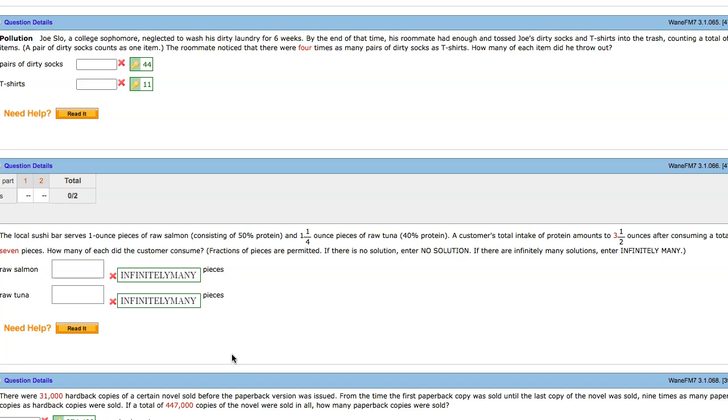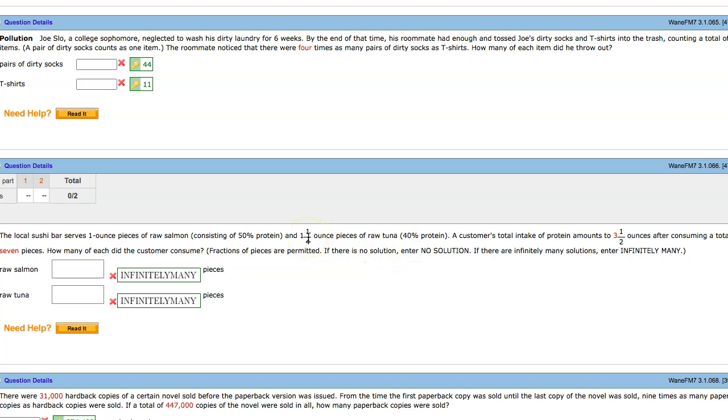All right. So the local sushi bar serves 1 ounce pieces of raw salmon and 1 1/4, that's 1.25 ounce pieces of raw tuna. Now the salmon, the 1 ounce will give you 50% protein. Now, 1 1/4 ounce of raw tuna will give you 40%, but we had to have more of it.